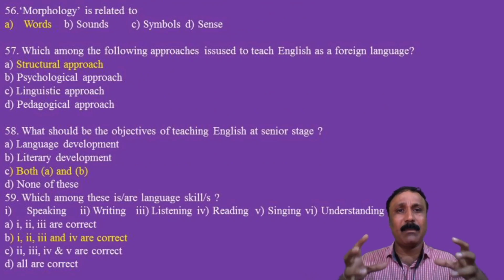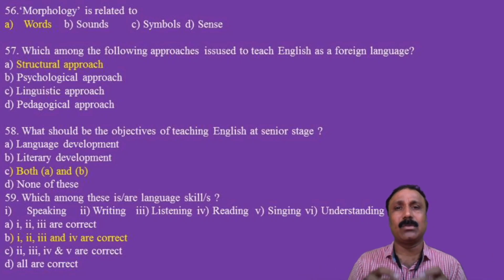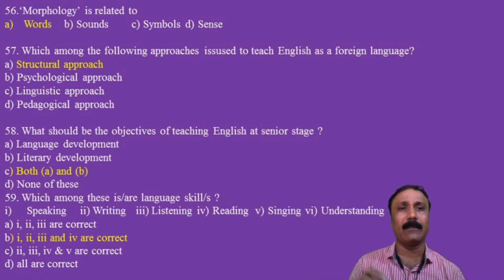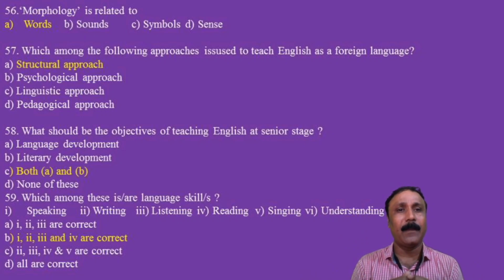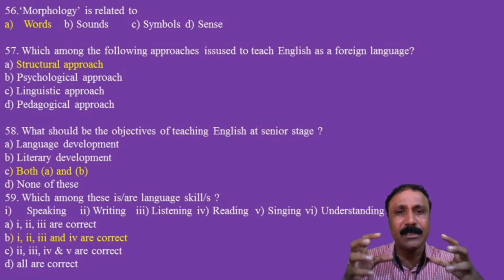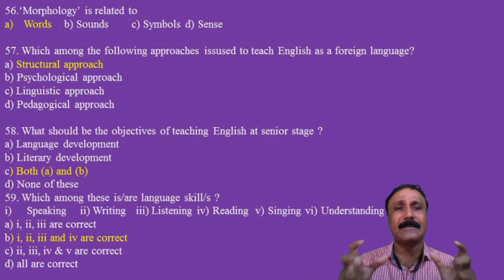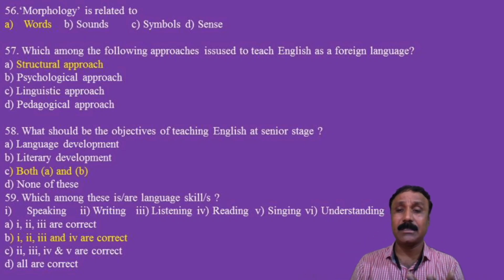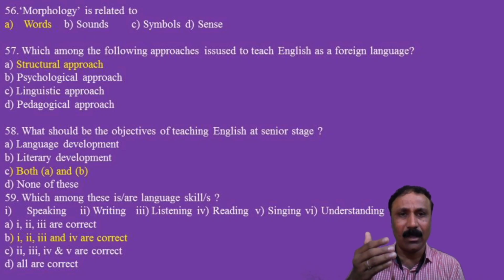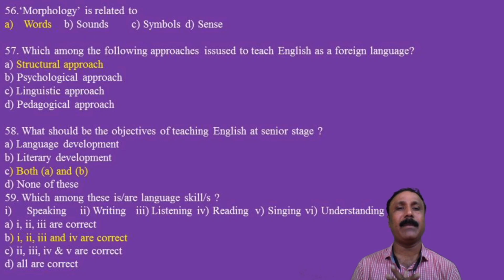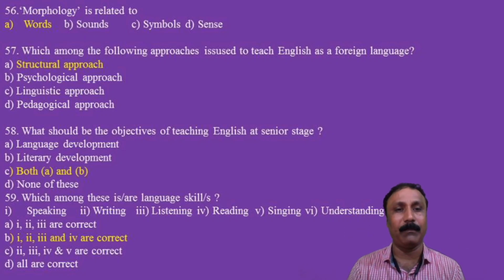Which among the following approaches is used to teach English as a foreign language? That is structural approach. And what should be the objective of teaching English at senior stage? That is language development, literary development. Here both A and B. Our main objective is language development and literary development.